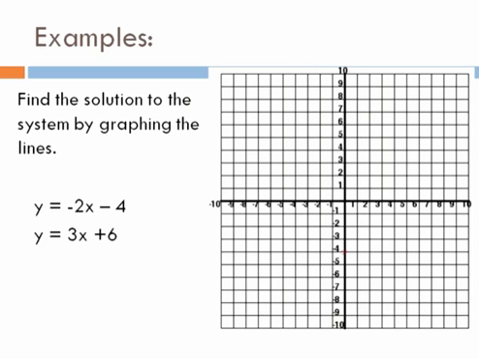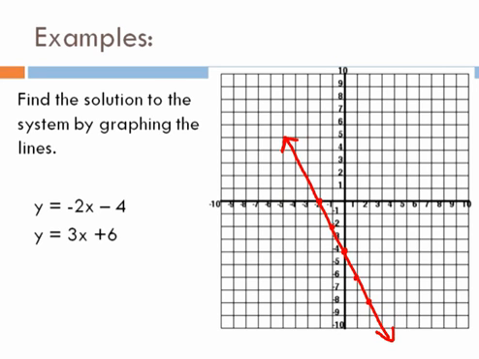We'll start with the y-intercept right here at negative 4 on the y-axis. The slope here is negative 2, so I'll go down 2 and over 1, down 2 and over 1. I'm going to go up and over as well to make sure we follow the same pattern. Now that I have a few points, I'll graph this line by connecting the dots. There we are.